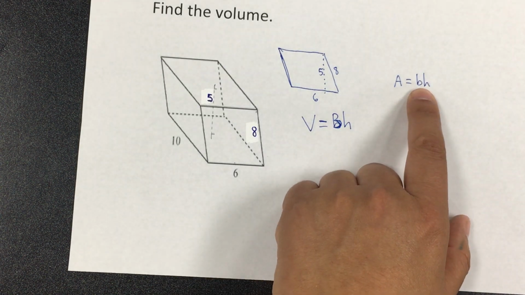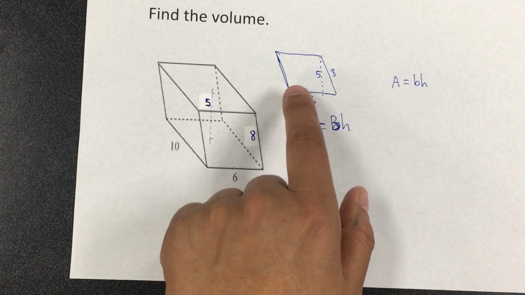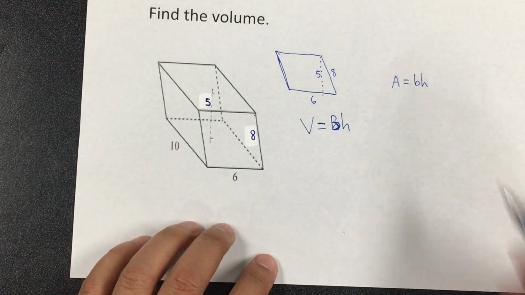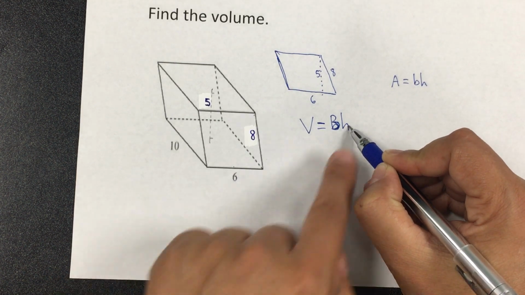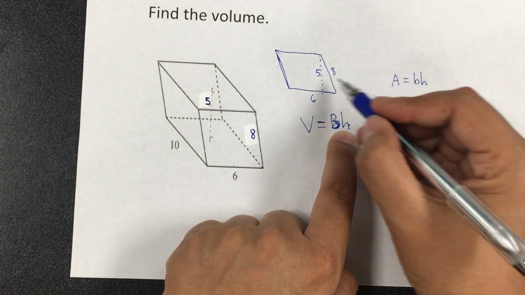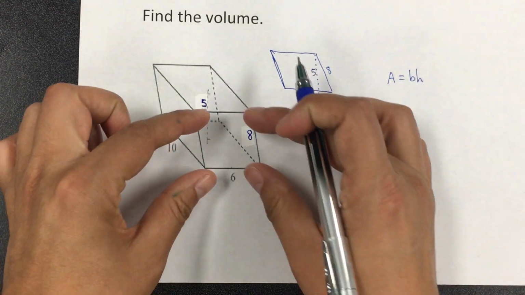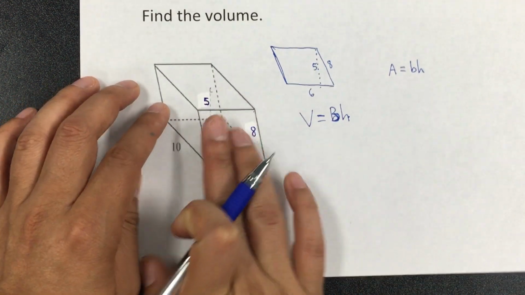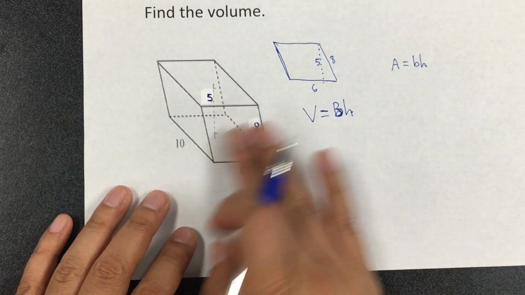This is little b, lowercase b, which represents the base or length, and then times the height. So this is not the same height as this one. This is the height of the prism, but this is the height of the parallelogram. Again, we're looking for the area of this shape right here, this front part, which is our base.